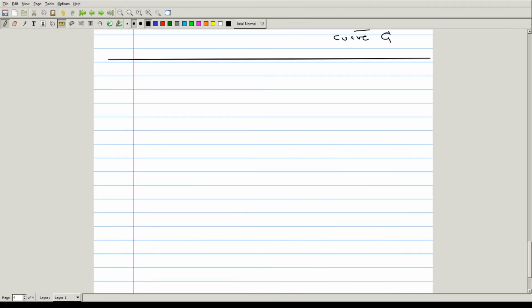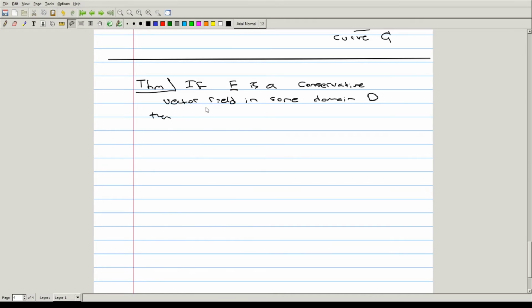And this theorem is the following. If f is a conservative vector field in some domain D, then the line integral of f dot dr is path independent.